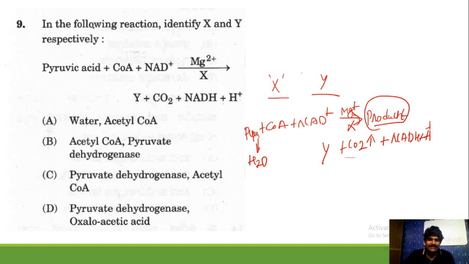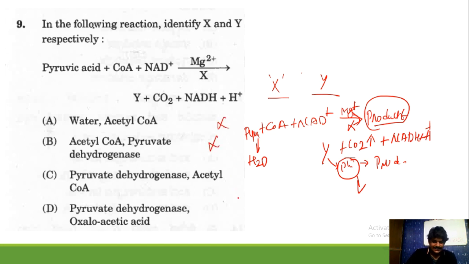Okay, pyruvate dehydrogenase. No, never. Option B is a completely wrong statement, because pyruvate dehydrogenase is an enzyme. It will never be a product, right? So we have to quit that option also.